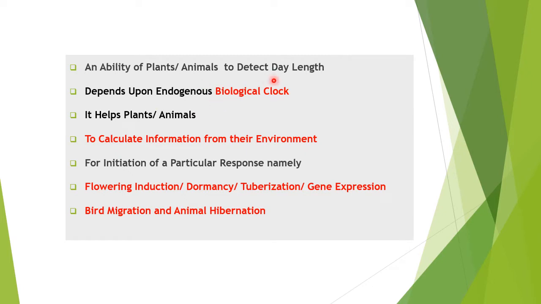This clock, in both animals and plants, helps them to calculate information from their environment for initiation of particular responses, namely flowering induction, dormancy, tuberization, gene expression, and in birds, migration, and in animals, hibernation. So it is well calculated and well set by an endogenous biological clock.